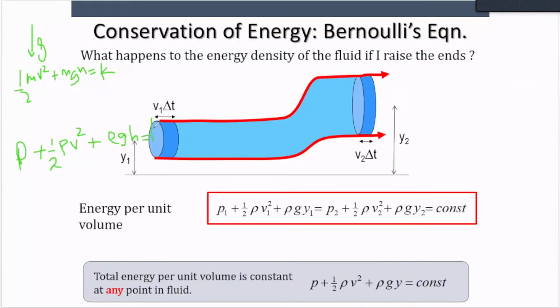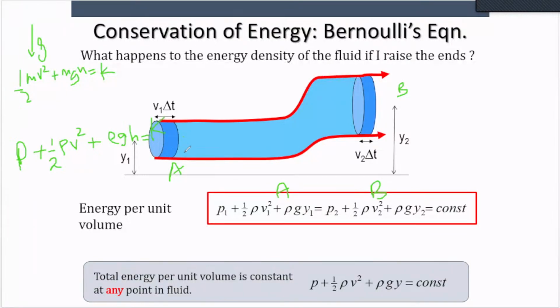So this is a conservation of energy. So if you write for two places, this is A and this is B, now you can see that A is equal to B.